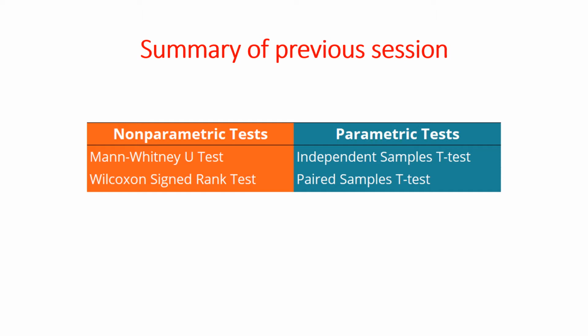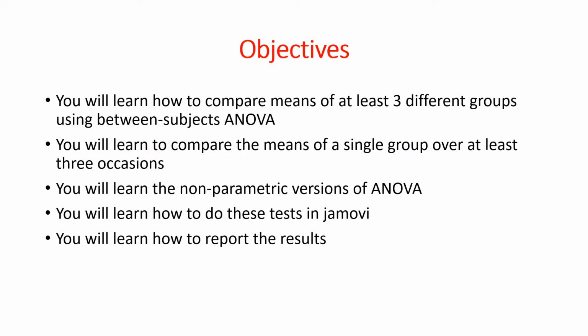I talked about how we could check all of those assumptions in the context of t-test in Jamovi using different types of tests and plots. So I'm not going to go over that. I just wanted to give you a brief overview of what we talked about last session, and then we start talking about ANOVA.